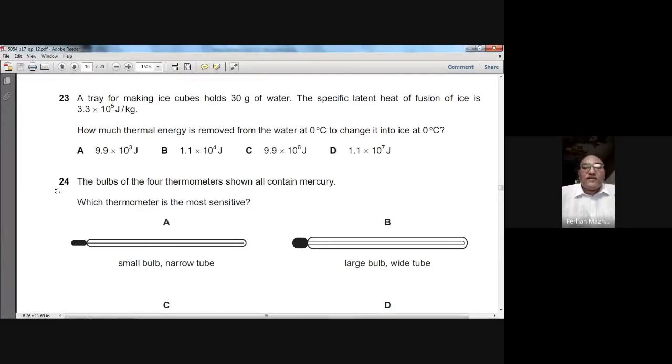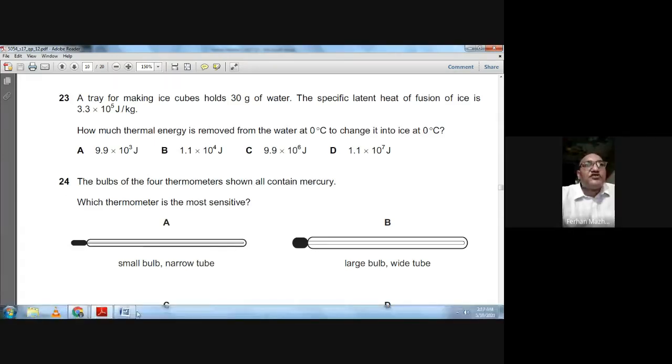The units are not consistent with each other, so I will convert 30 grams into kg by dividing by 1000. Now the formula for heat is mL. Just write that formula, put in the values, and you get the answer.